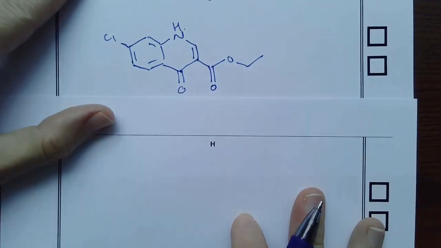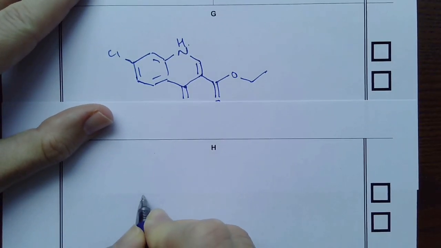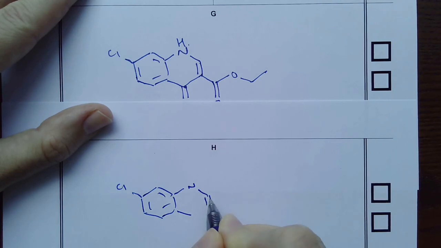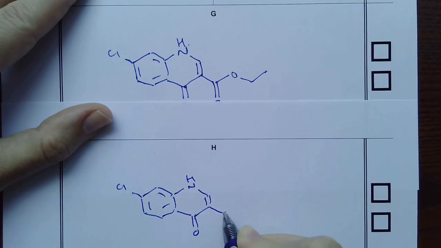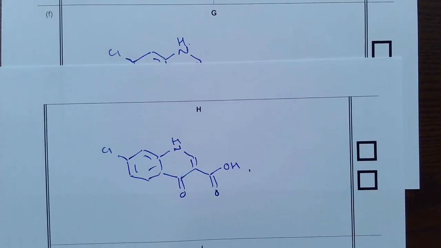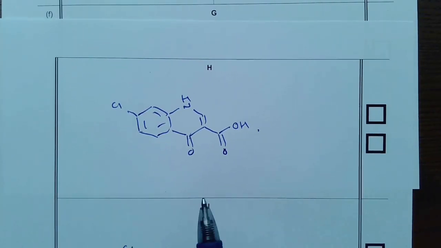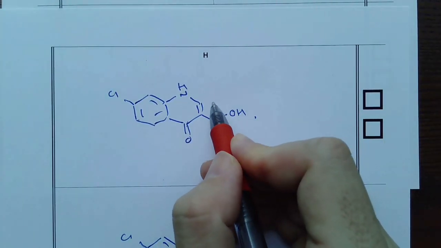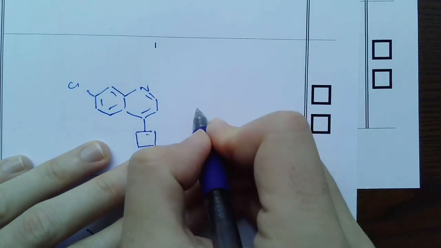So I get, fit it all on, like that. Then I get my decarboxylation, which is going to break off this. And if I break that off, I get I.